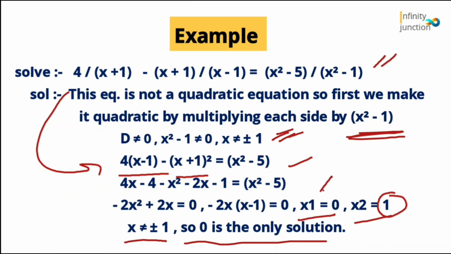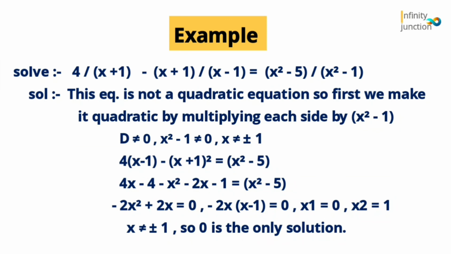So the only root left is x1 equals 0. So this is the only part of the solution. Okay. So this is all about equations involving products and quotients. We will see equations involving radicals in the upcoming video.